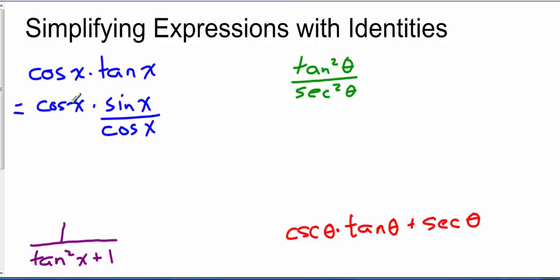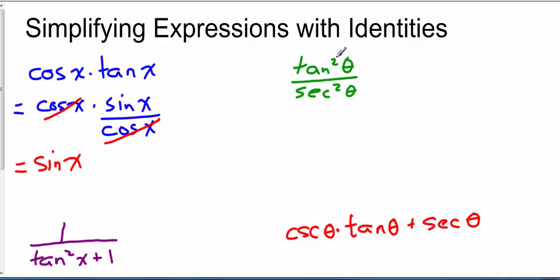And then, of course, I have a straightforward multiplication here. Cos times sine divided by cos. Cos divided by cos gives me the value 1, and of course that means that sine x is my final simplified expression. So this expression here is exactly the same as sine x, and obviously a slightly simpler form.